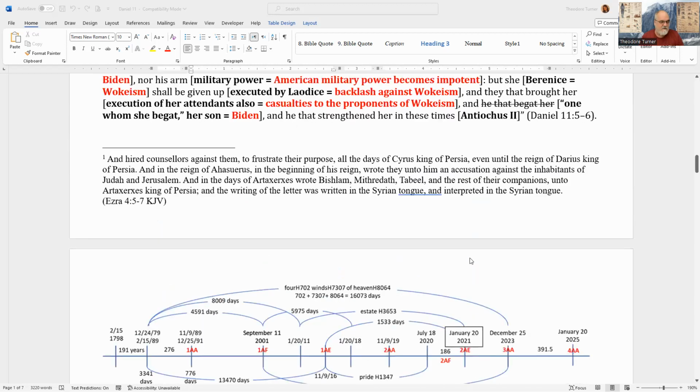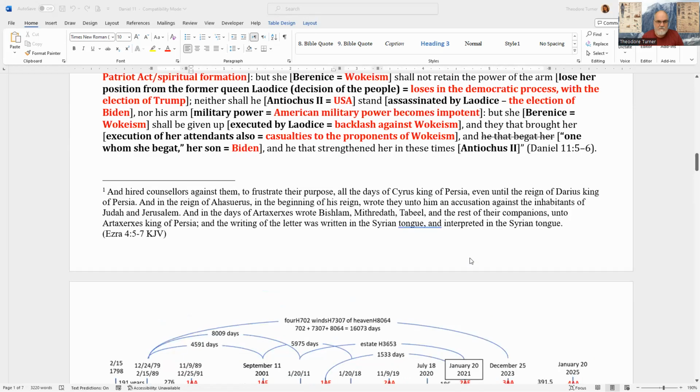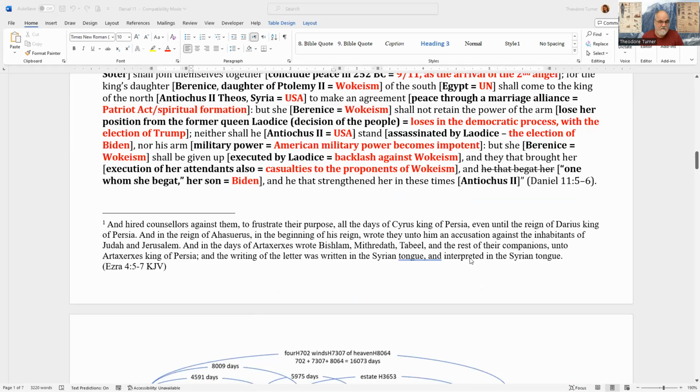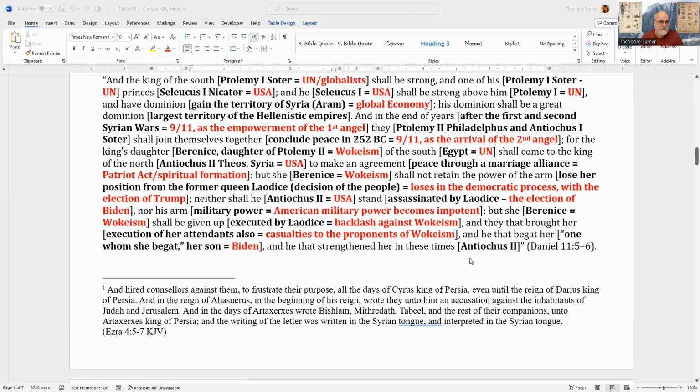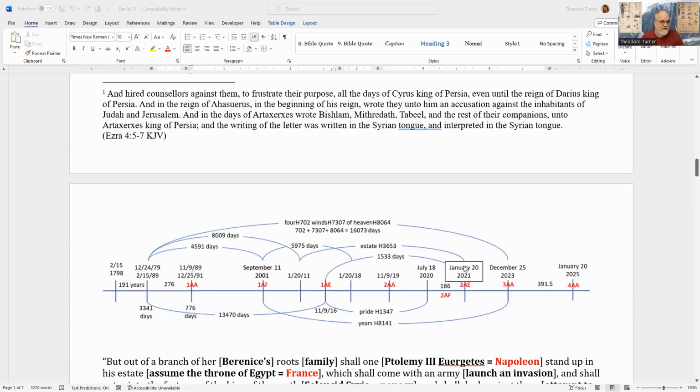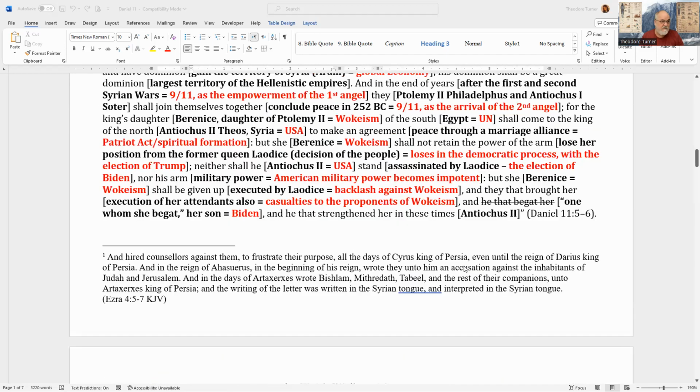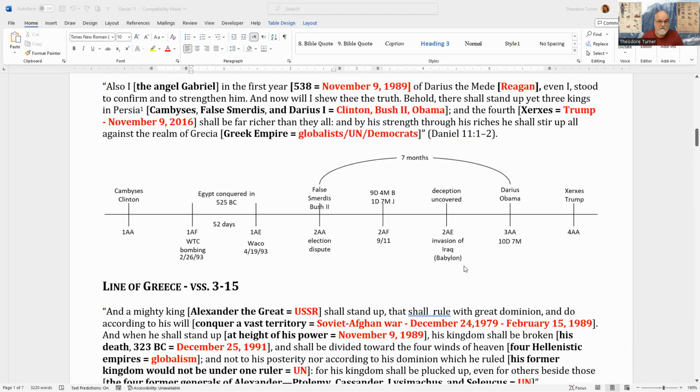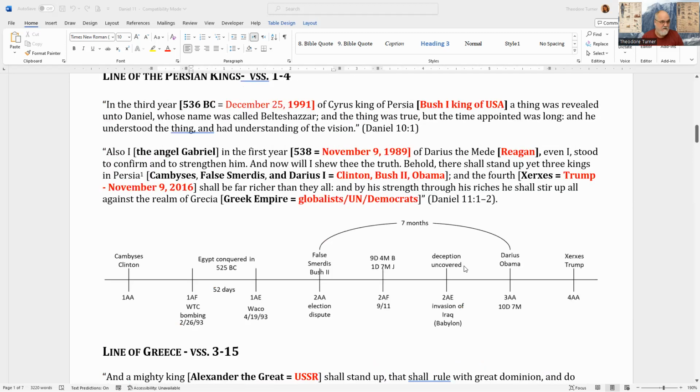So this document, when it's done, is going to be, I think, a fairly comprehensive study of our understanding of Daniel chapter 11. And we know that we had the first part dealing with the kings of Persia, so I just put that chart in there, dealing with all the way up to Trump.